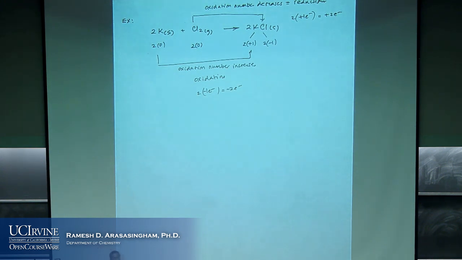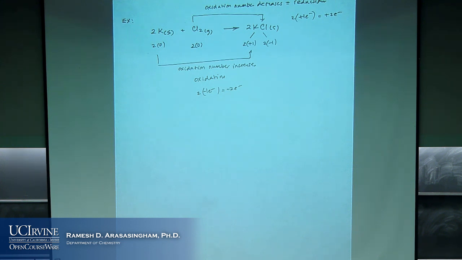Okay? So we've figured out from this, by looking at oxidation numbers, that 2 electrons are lost and 2 electrons are gained. All right? Now the cardinal rule is that the number of electrons given off has to equal the number of electrons taken up. If that doesn't work out, then you know there's something wrong with your rationale. Do you understand that?